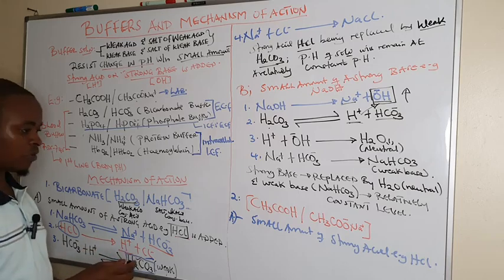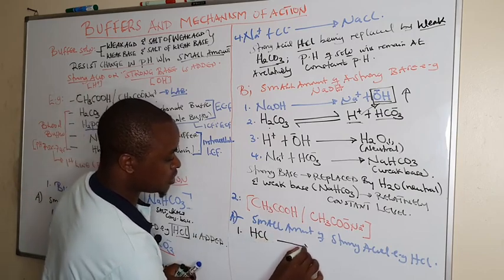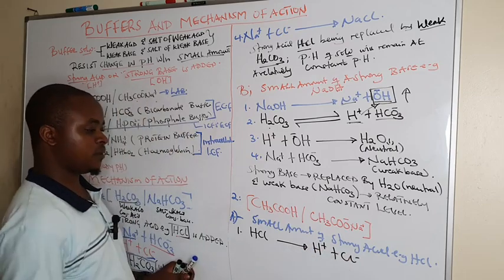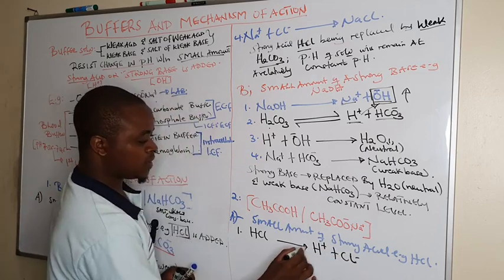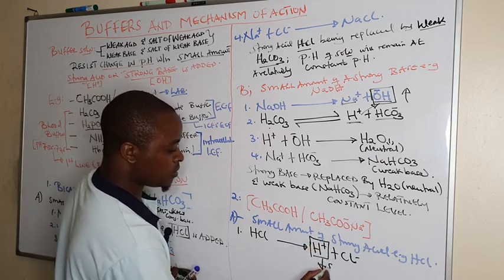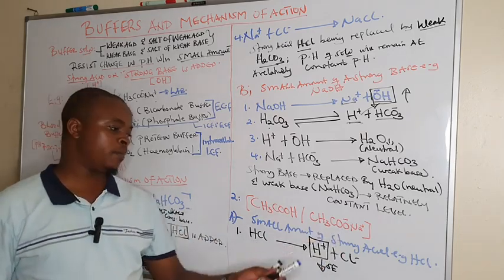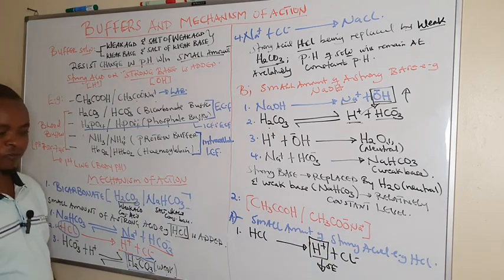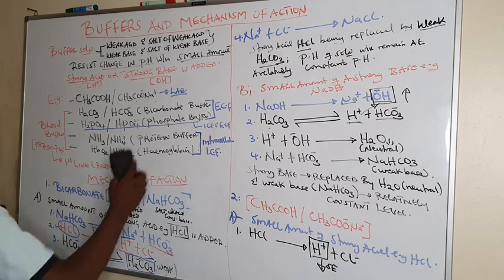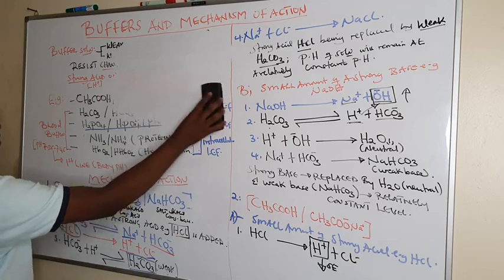The first equation is hydrochloric acid dissociates completely to liberate hydrogen ions plus chloride ions. And these hydrogen ions liberated, they are the ones that can lead to a decrease in pH of the solution. So we have to look at a substance in our buffer which can easily remove these hydrogen ions from a strong acid and replace them with a weak acid. That's what we are going to look at.